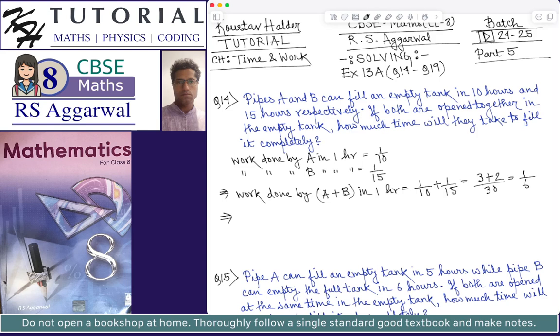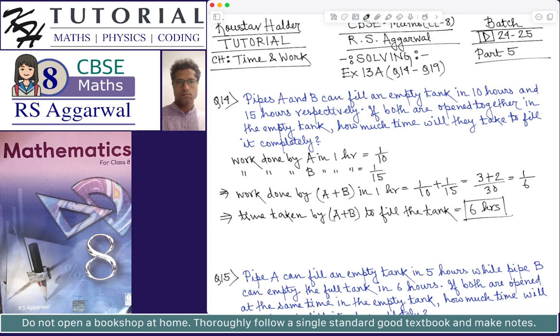This is alternatively stated as work done by A plus B in 1 hour. So we can say the time taken by A plus B to fill the tank is equal to 6 hours. So 6 hours is the answer.